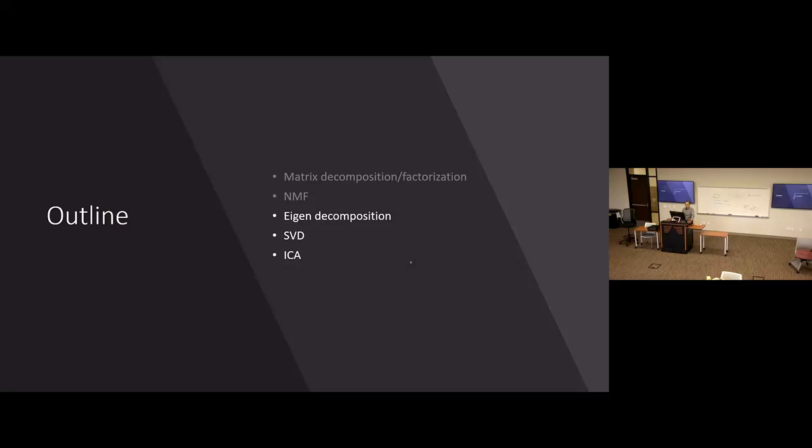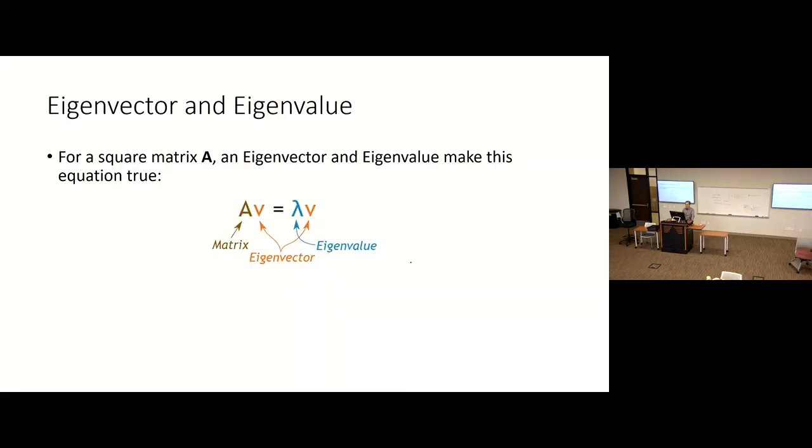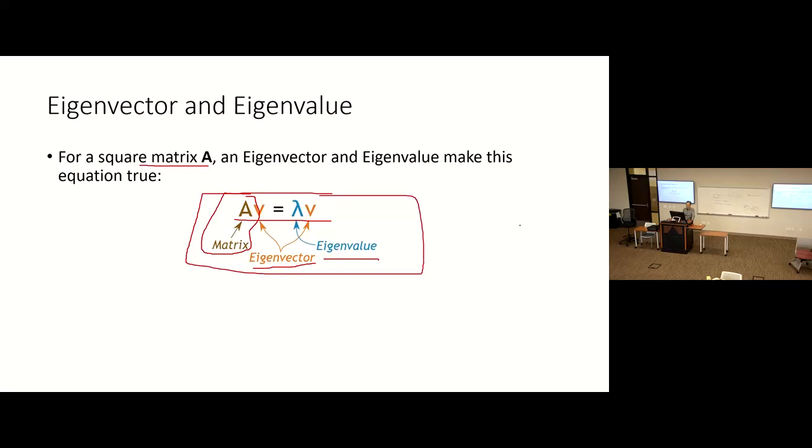Okay, so we will move to the next topic, eigen decomposition. We have talked about eigenvalues and eigenvectors. Remember, this has to be a square matrix. You can decompose it, you can find eigenvalues and eigenvectors to express the relationship like this.